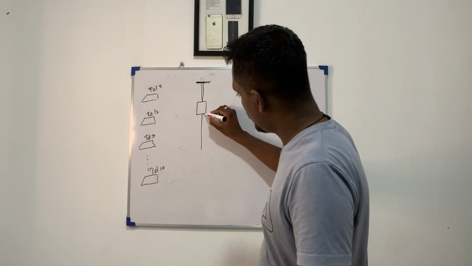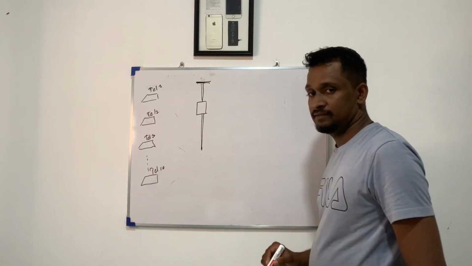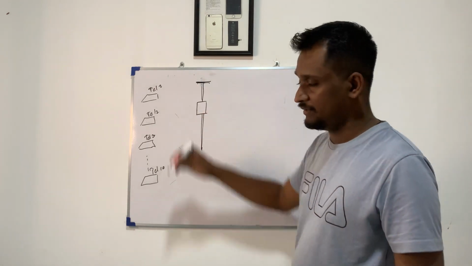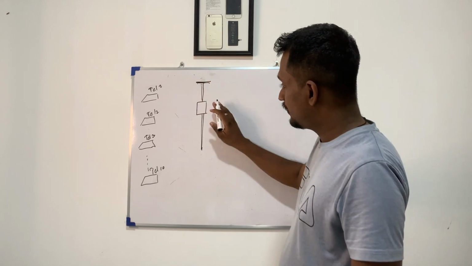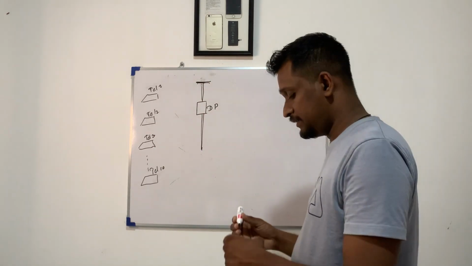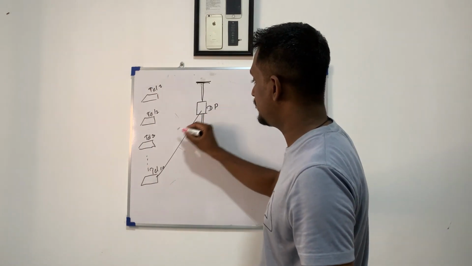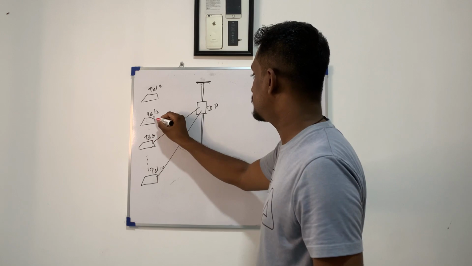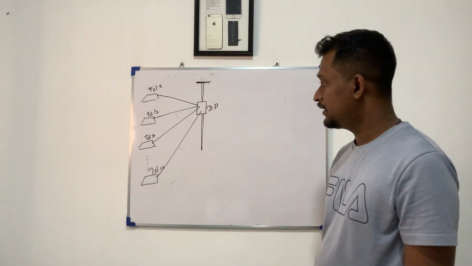This is also a telephone tower, which is located for these houses, I mean the telephones. At the nearest telephone tower there's a unit called a DP. These 10 telephones are connected to this DP using a cable.